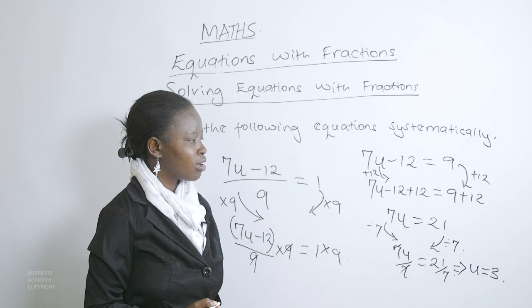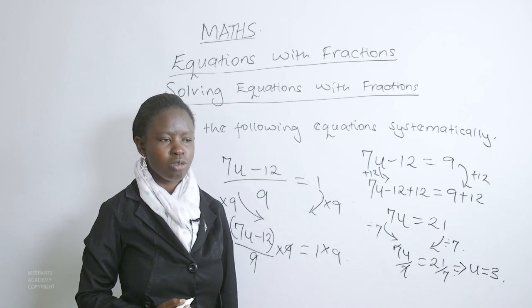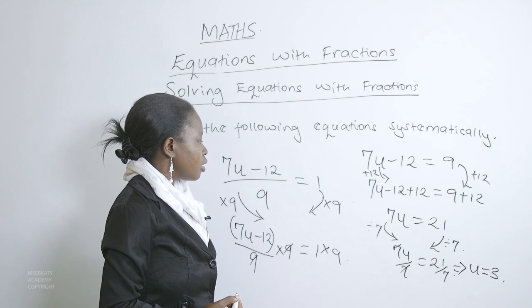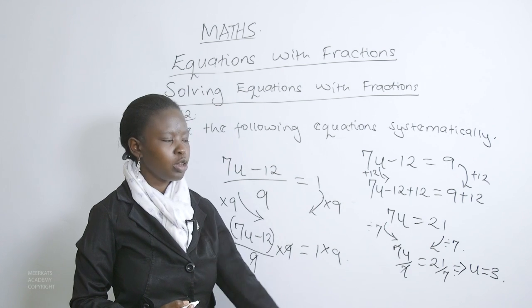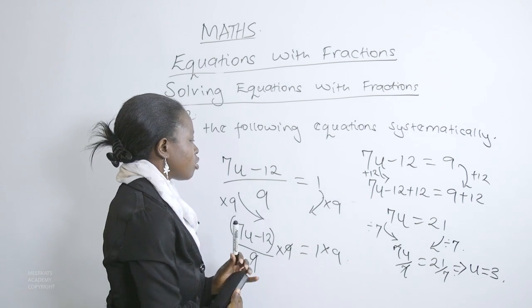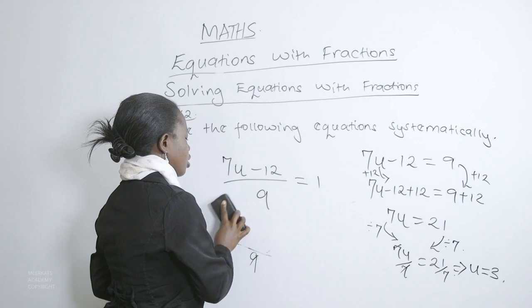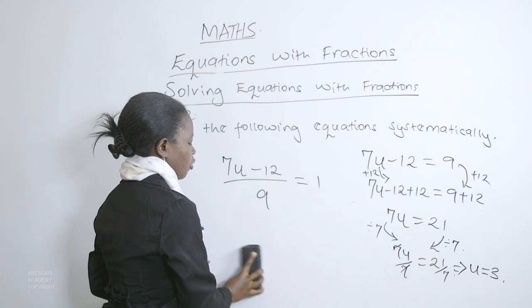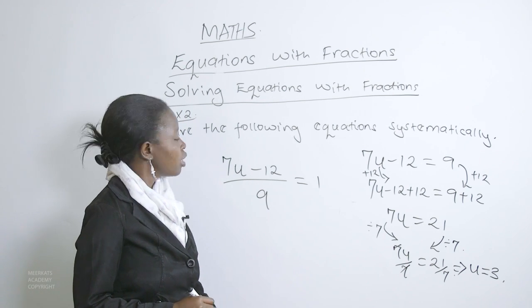So after getting the value of u, let us substitute in our equation and find out if the equation is true for our pronumeral when it is equal to 3. So when we are substituting in the equation, instead of u we substitute the value 3.